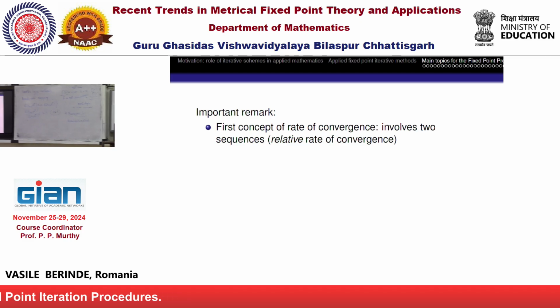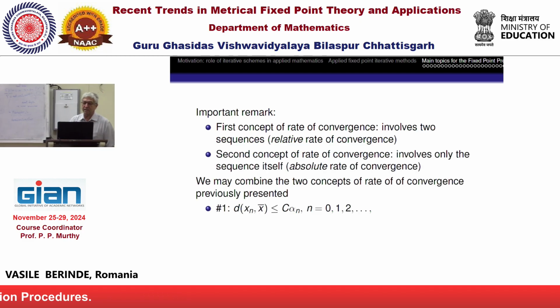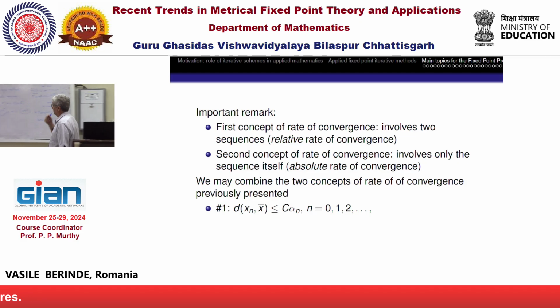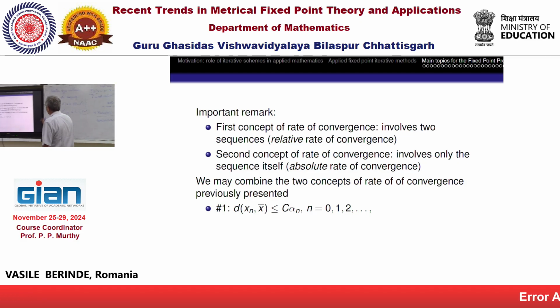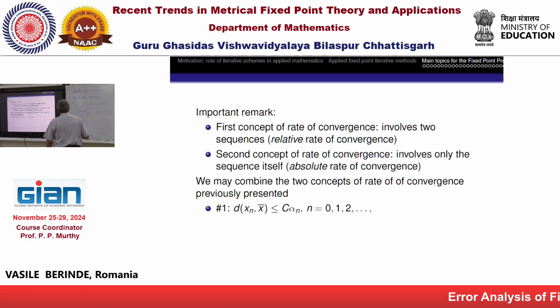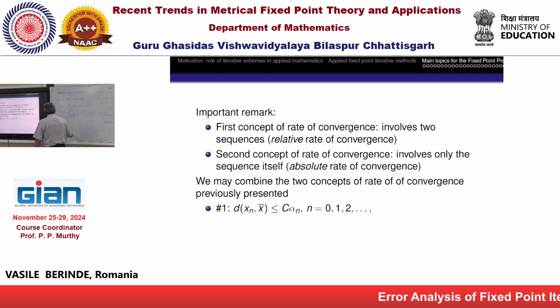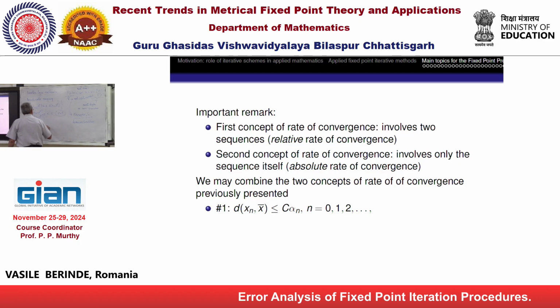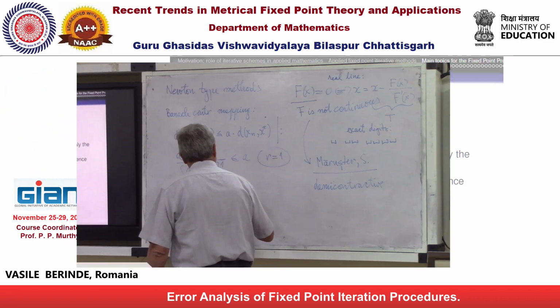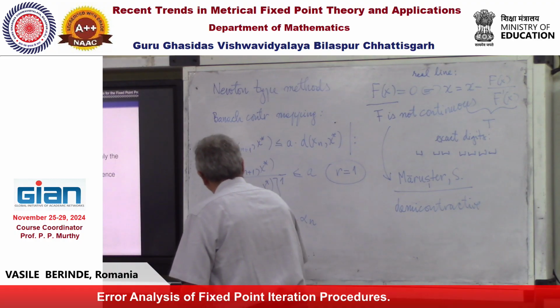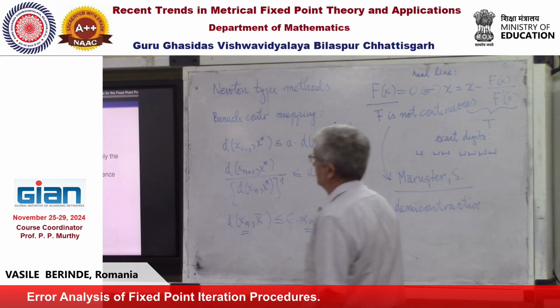Well, now let's consider some remarks. In the first concept of order of convergence, if you remember, we had involved two sequences, x_n and alpha_n.